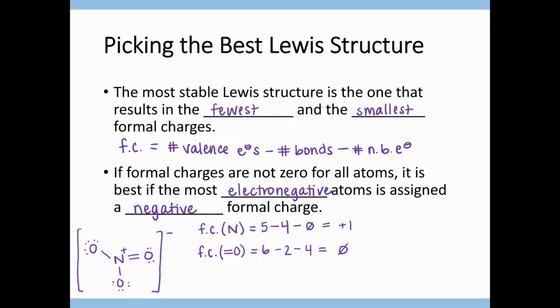Double bonded oxygen has a formal charge of 0. All right, let's do formal charge of single bonded oxygen. Still column 6. Now this oxygen has 1 bond, so we subtract 1, and it has 6 non-bonding electrons, so the formal charge of single bonded oxygen is -1.